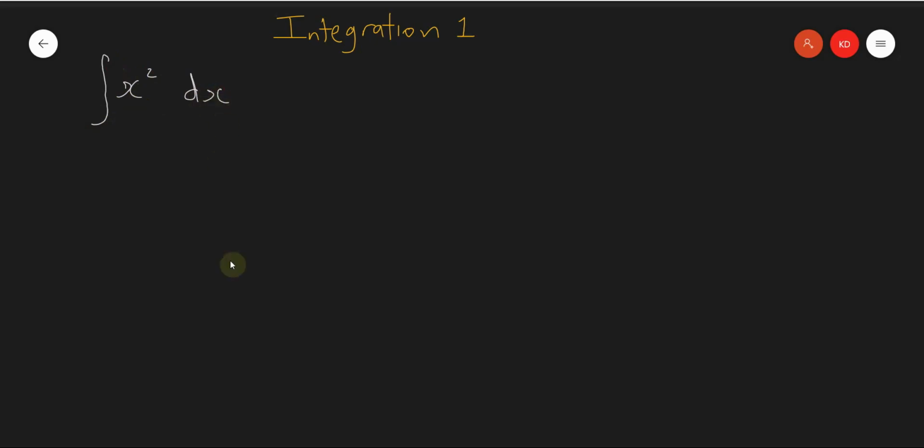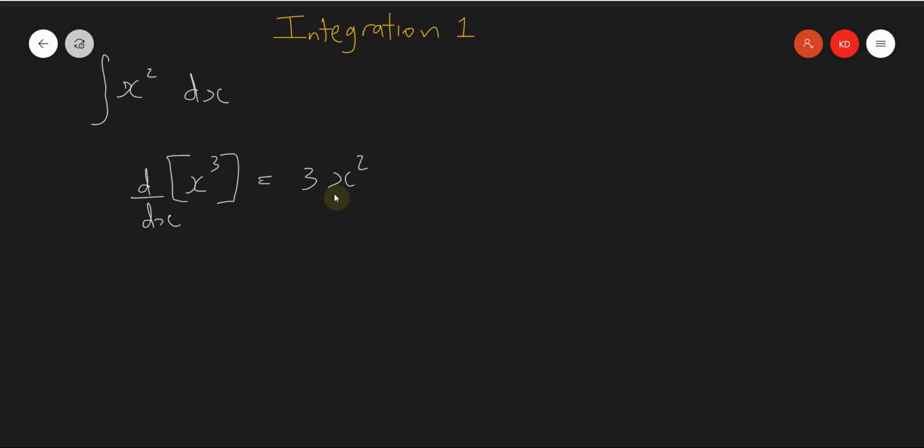Now, if we think of differentiation, then we're going to say, okay, how could I have gotten an x squared when I differentiate, right? So what could I differentiate in order to get an x squared? And if you haven't thought of it already, then that's an x cubed. Great. So if we should differentiate x cubed, we're going to get 3x squared.